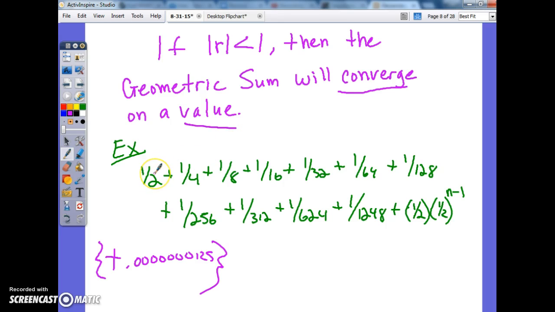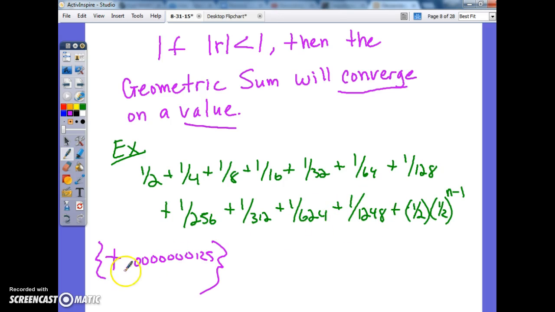Notice how I'm summing up first term, second term, third term: 1/2 plus 1/4 plus 1/8. My common ratio again is 1/2, okay? 1/4 divided by 1/2 is 1/2. But notice the terms keep getting smaller: 1/2 plus 1/4 plus 1/8 all the way to 1 over 128 plus 1 over 256 plus 1 over 512.